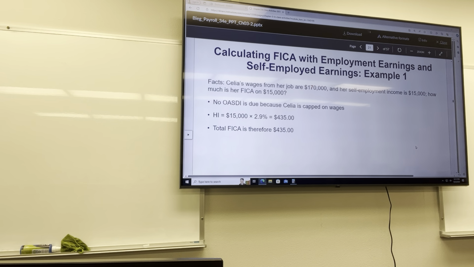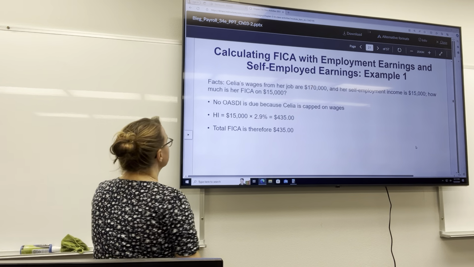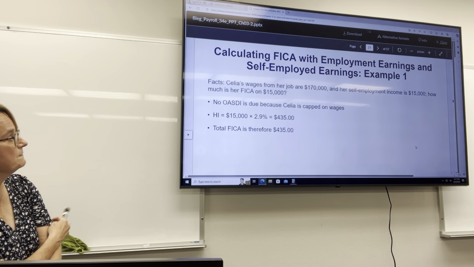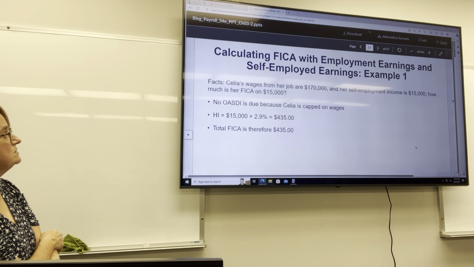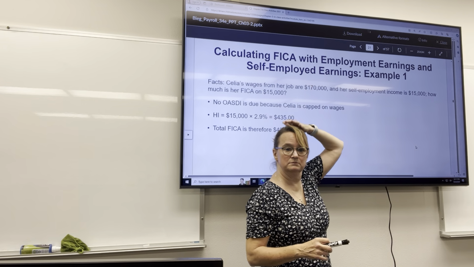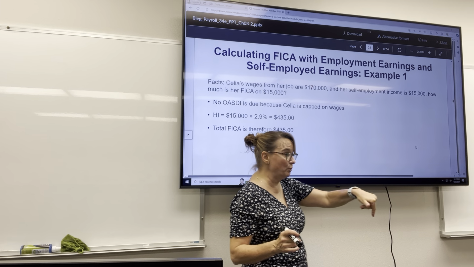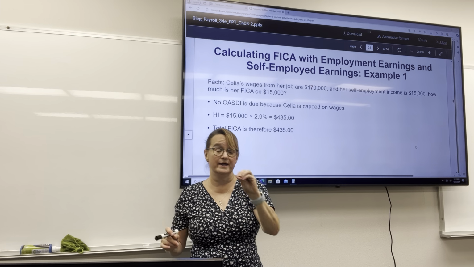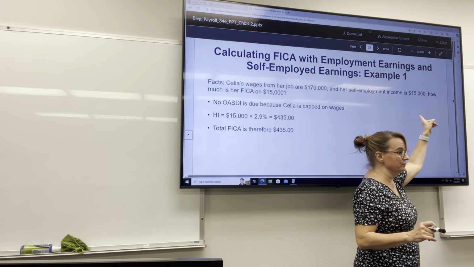Okay, so here's Celia. This is pretty easy in this example. Celia has wages from her job of $170,000. Her self-employment income is $15,000. So she's already reached the cap with her W-2 job, right? That means she isn't going to have to pay any OASDI part of the self-employment tax on the $15,000 that she earned herself.